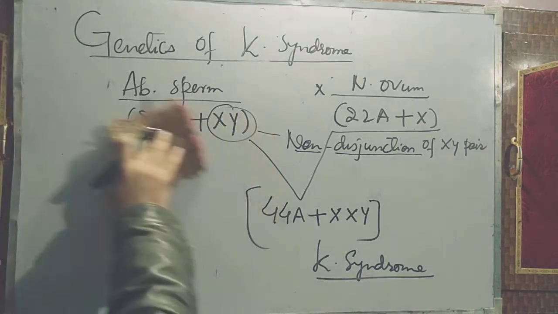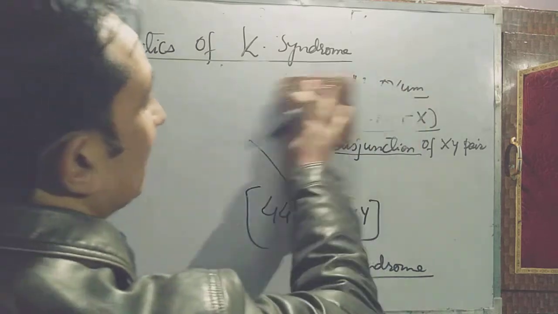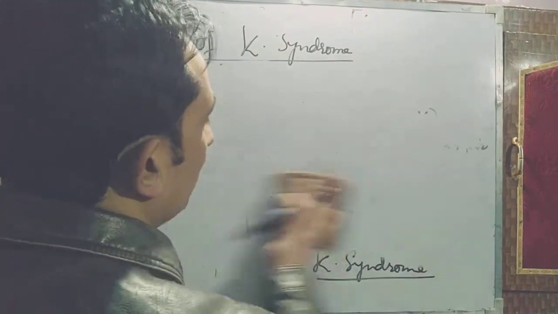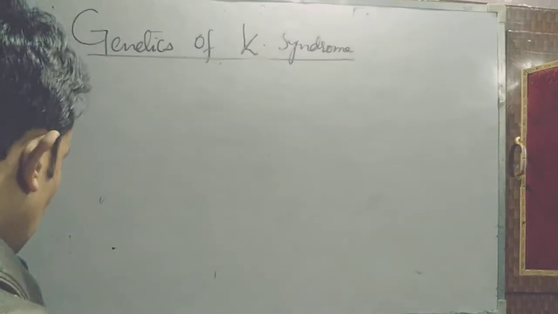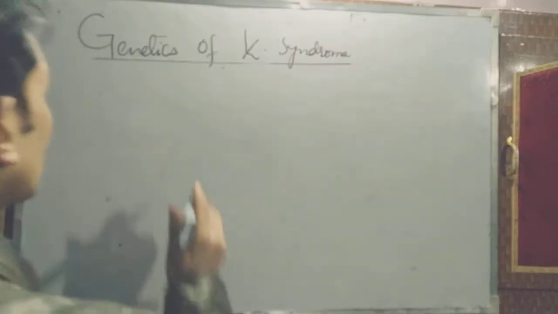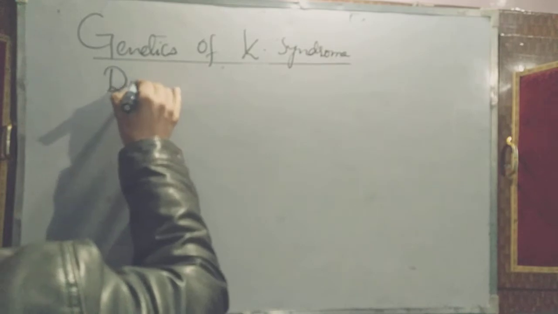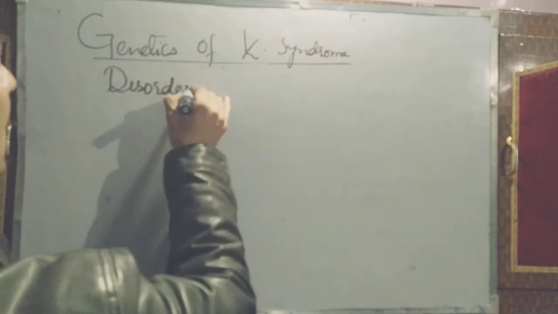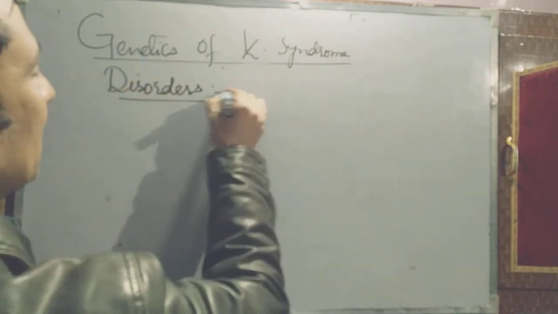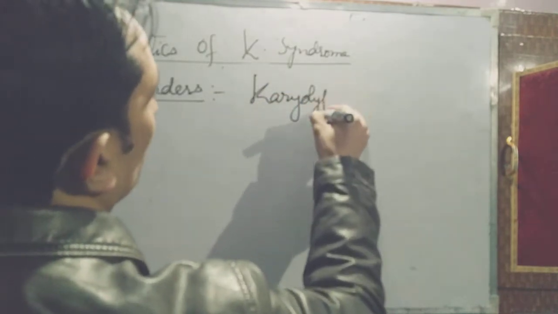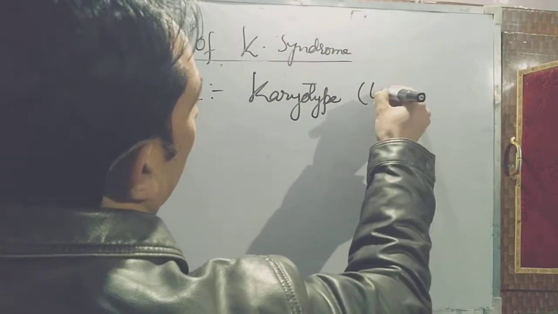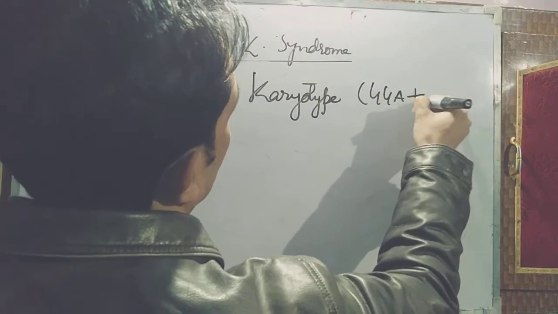Now, by whichever way from these two cases the Klinefelter syndrome individual has been conceived, we will now understand the disorders in Klinefelter's syndrome individuals. First thing is that their karyotype, meaning the chromosome number and type, is 44A plus XXY.